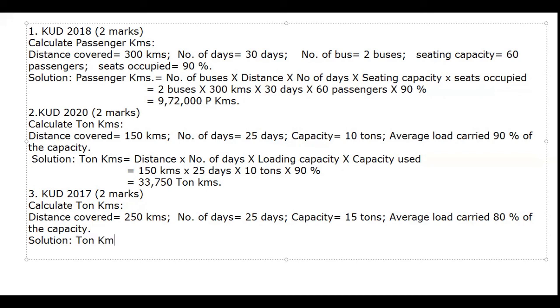Ton kilometers is equal to the same formula whatever I have said in this 2020 problem. The same formula will be applied here. Distance into number of days into loading capacity into capacity used.